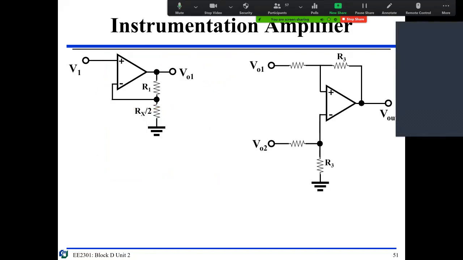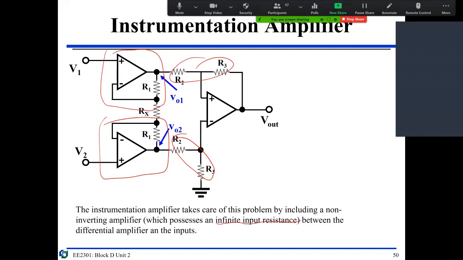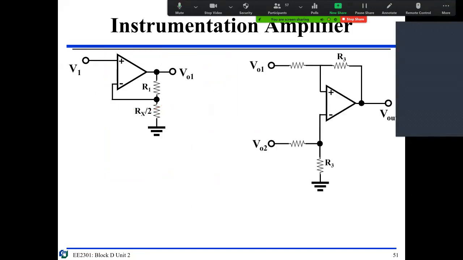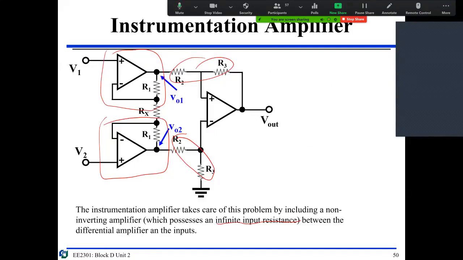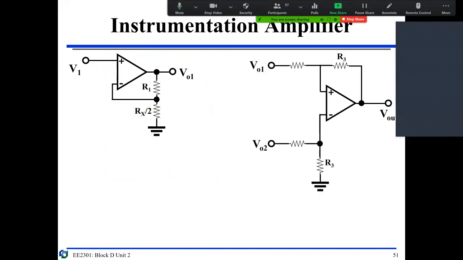So let's take a look at V1. Okay, V1 goes to VO1. So we assume that because one is positive, one is negative, we are ideally in the middle. This is the ground, ideally. Okay, so we put this one, and O1 and O2 will add.